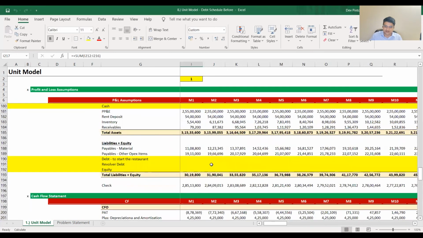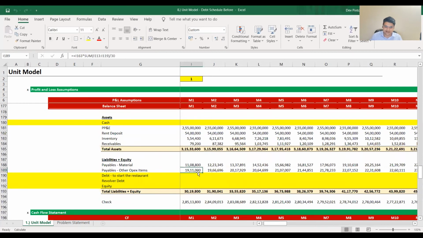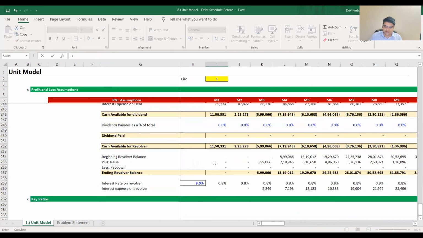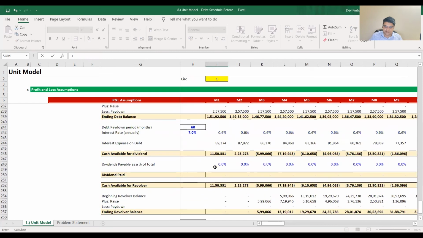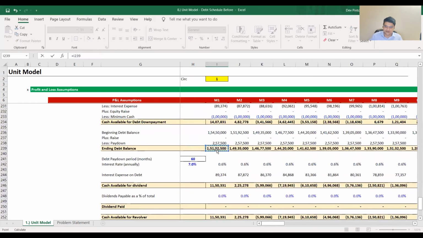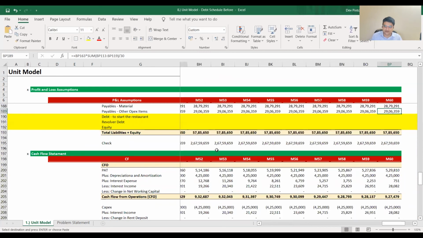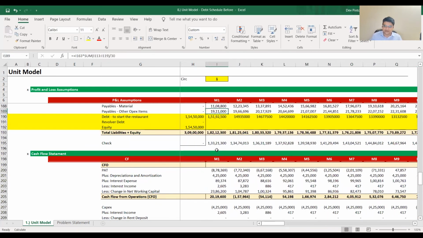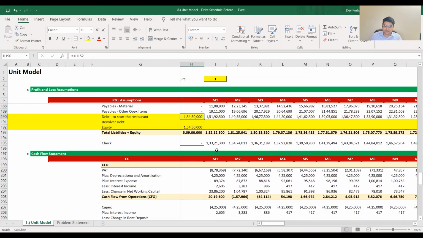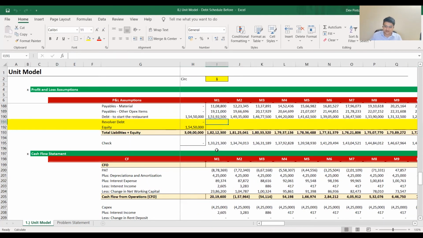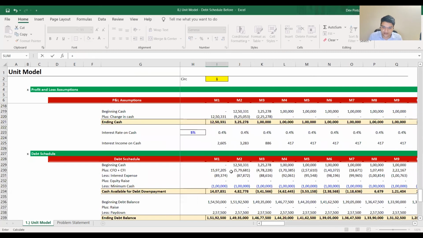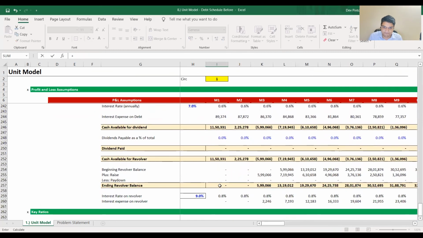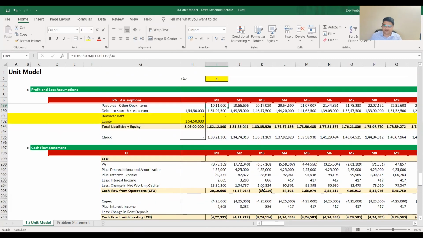And now let's go and link some of these items back. Debt balance, link it here. This is done. Link revolver balance. This.